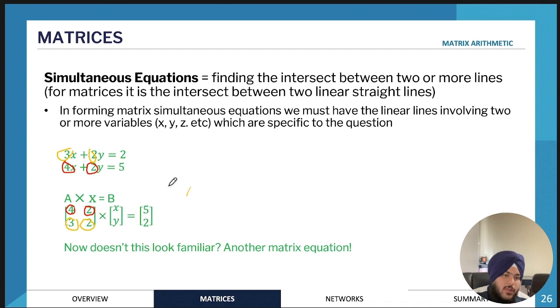So X is therefore equal to A inverse times B. And that will give you something like xy equals, let's just say, after I've found the inverse and I multiply it by 5 over 2, I get 11/6.